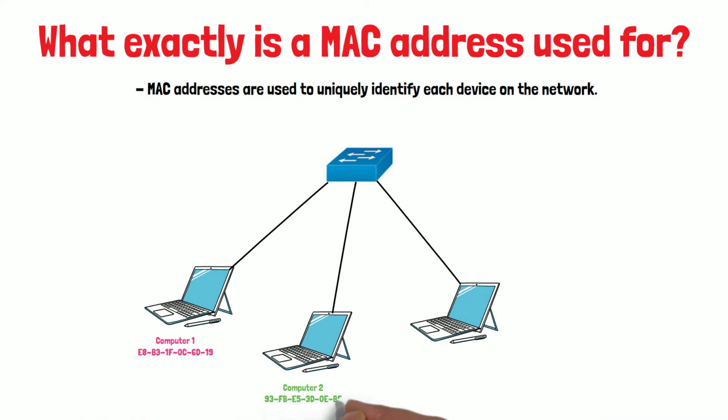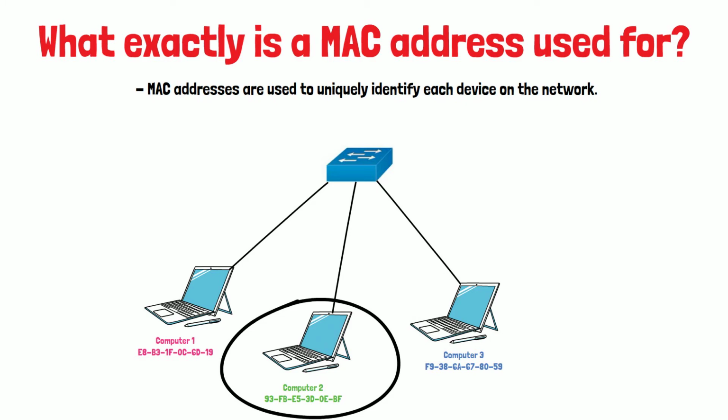Now what we want to do is send a message to computer number 2. When that switch receives a frame, how does it know where to send it to? That's where those MAC addresses come into play. So in this case, the switch would use the 93-FB-E5-3D-0E-BF MAC address in order to route that frame to that specific device.